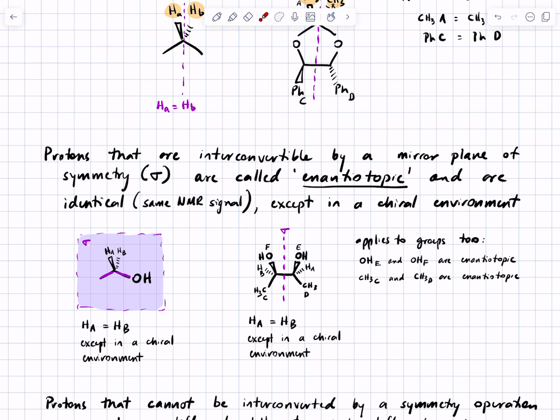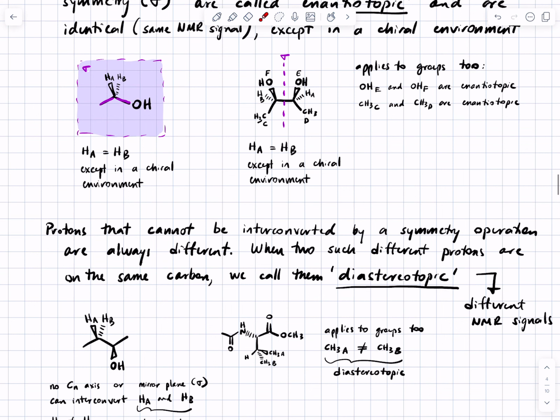Okay, so finally, we have protons that can't be interchanged by any symmetry operation. Protons that can't be interchanged by a rotational axis or by a mirror are just different, always, no matter what.